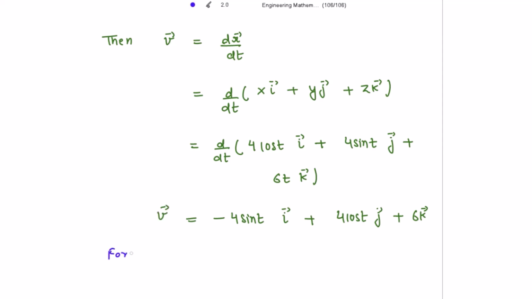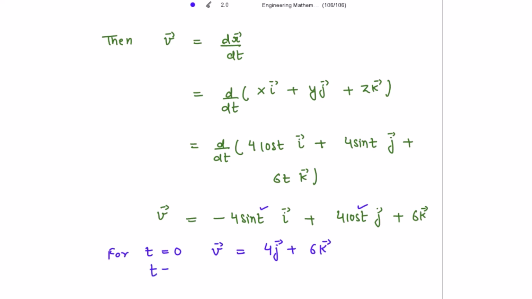So for time t equal to 0, what is the velocity? Just put t equal to 0 over here. What is sine 0? It is 0. So first component is 0. Cos 0 is 1. So it is 4j. And then plus 6k. So this is the required velocity of the particle at time t equal to 0.